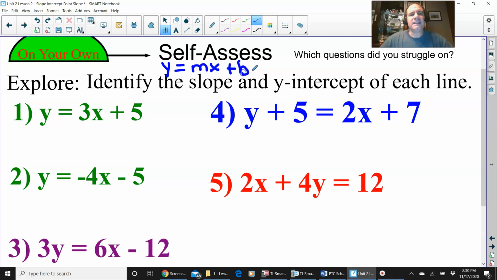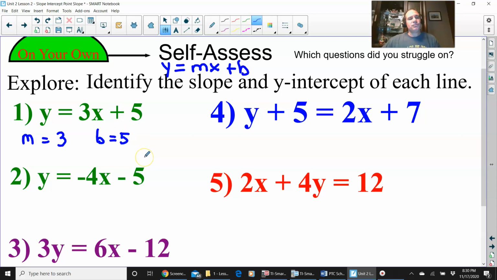It needs to be in that form to identify the slope and the y-intercept. Number 1 is in that form, so go ahead and put m and b down. What is the number that is the slope that is next to the x? Yes, it is 3. What is the other number, the y-intercept, where it crosses the y-axis? That is 5.